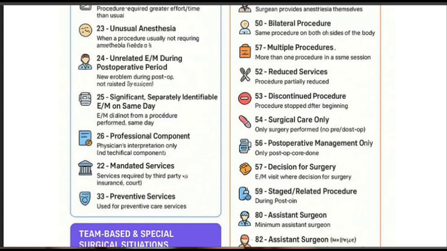For example, a biopsy is done, and on the basis of the biopsy the patient is found to have malignant cancer. In the first surgery they plan to remove the cancerous part and check what type of growth it shows, how tremendous the growth is. Based on that, in the next session the provider removes the complete organ. In that case we have to give the staged or related procedure modifier.